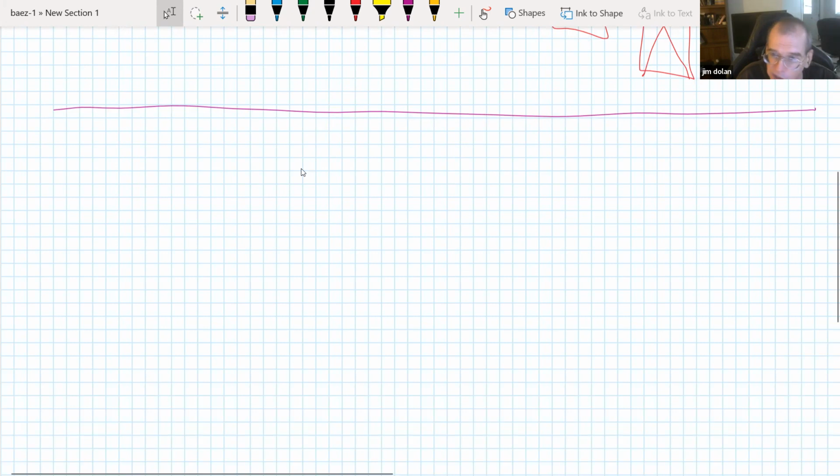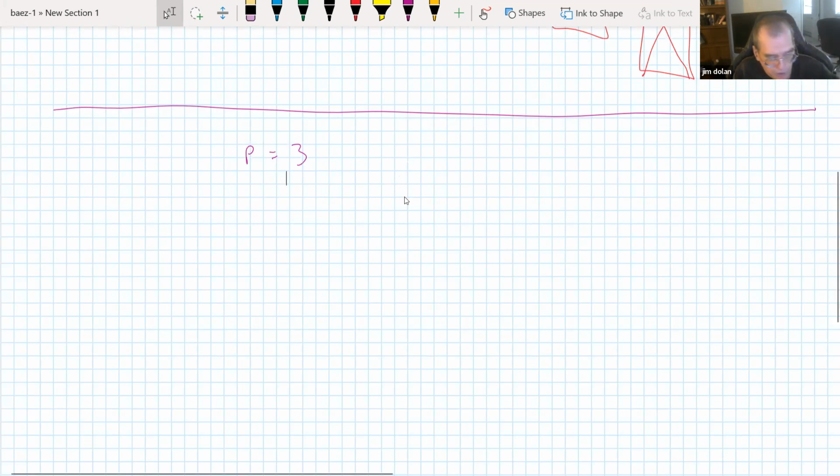So let me try to remind us of how we got the example that we've used already. So what did I do? Well, we were focusing on the prime p equals 3, and we were thinking of Gaussian designs.